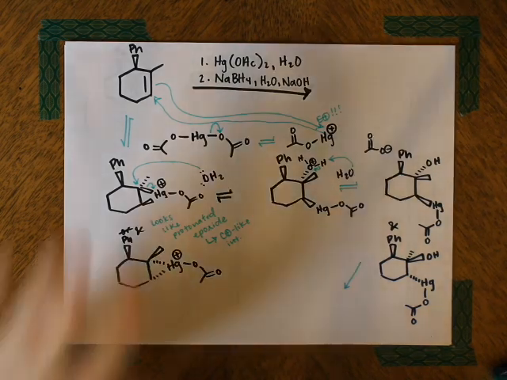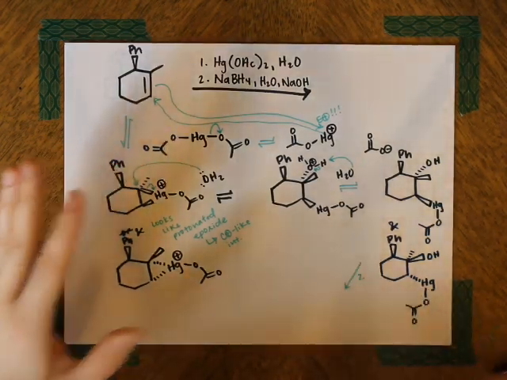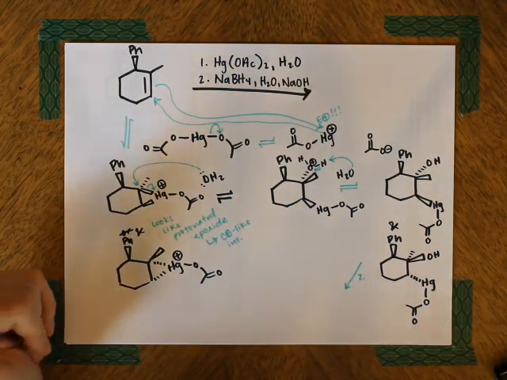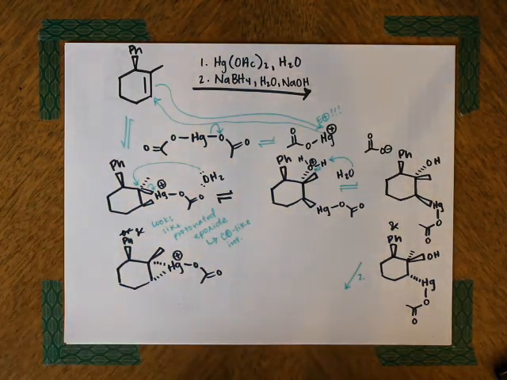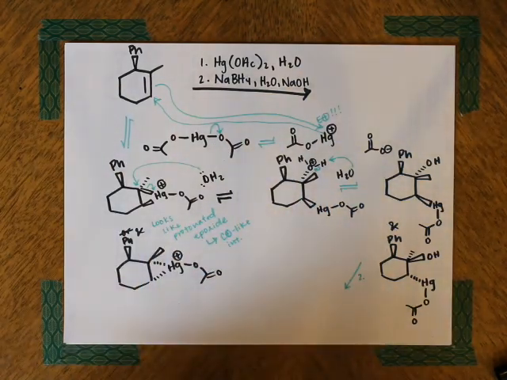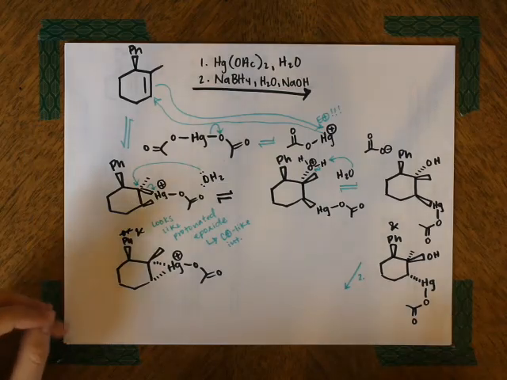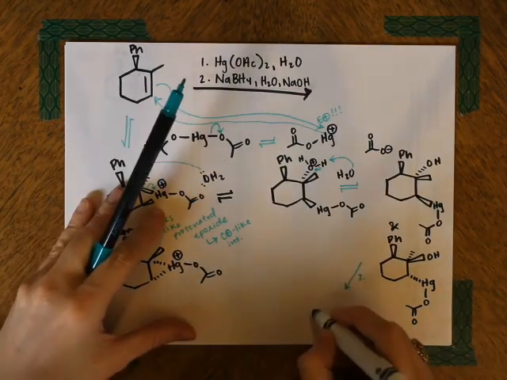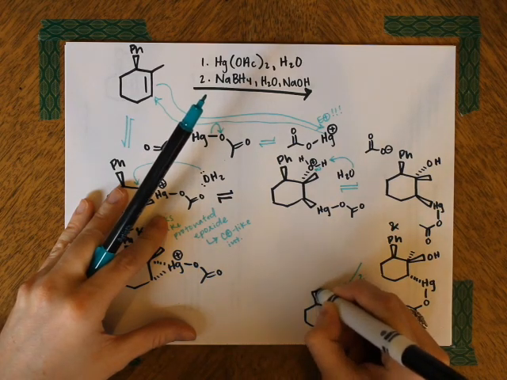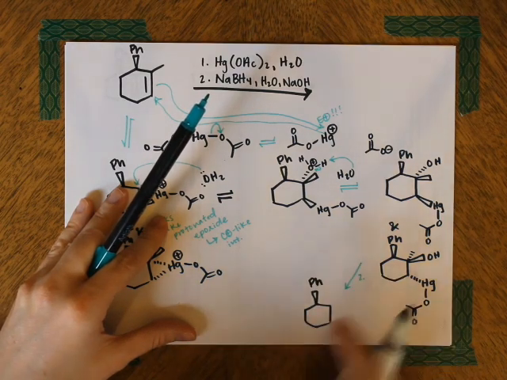So step two, sodium borohydride comes in, gets rid of that mercury. That's the demercuration part. This is the oxymercuration. Step two is the demercuration. So what we end up with is a product where the phenyl has stayed intact.